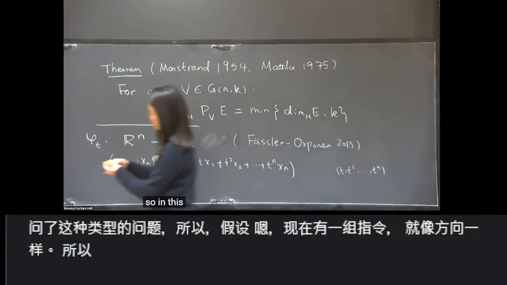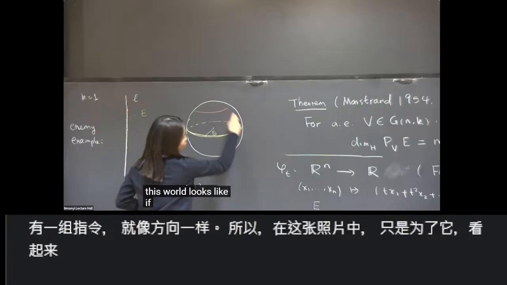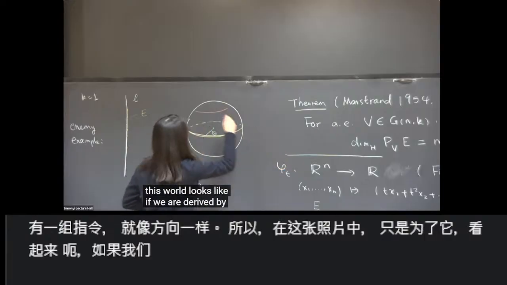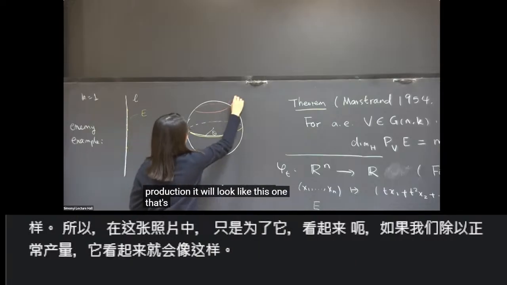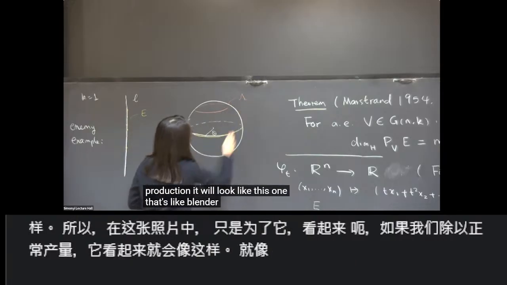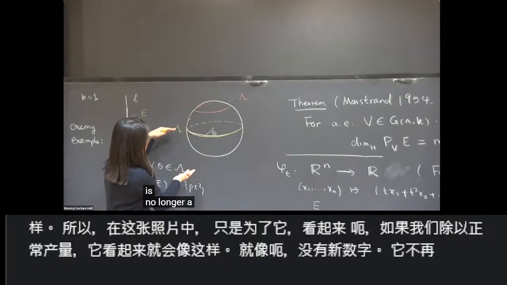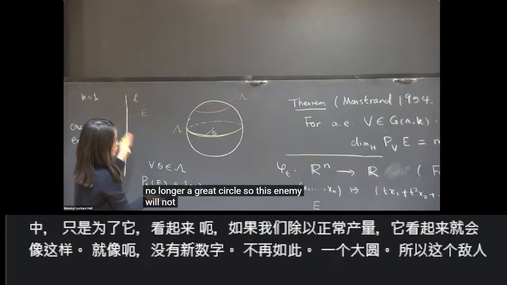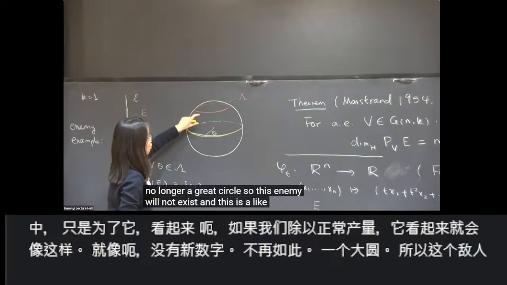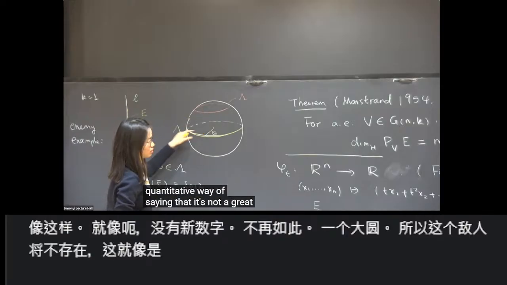In this picture, if we divide by the norm of the vector, it will look like this. Now Lambda is no longer a great circle, so this bad example will not exist. This is a quantitative way of saying that it's not a great circle.